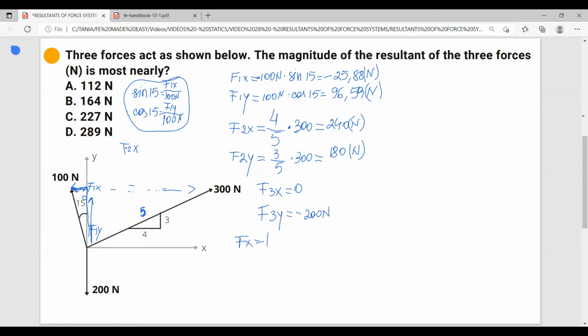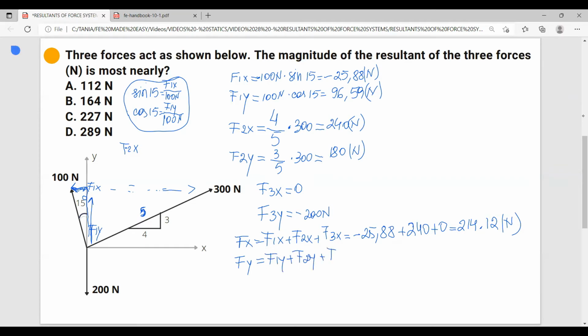So Fx, we'll do F1x plus F2x plus F3x equals, and I have minus 25.88 plus 240 plus 0 equals, let's see, 240 minus 25.88, so the x resultant is 214.12 newtons.